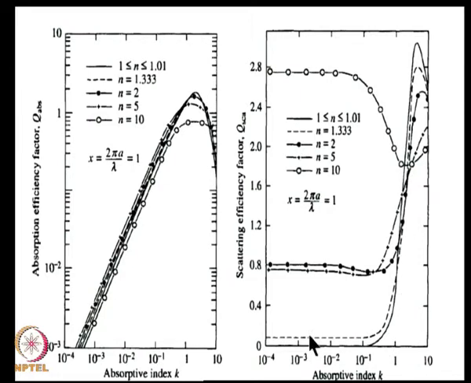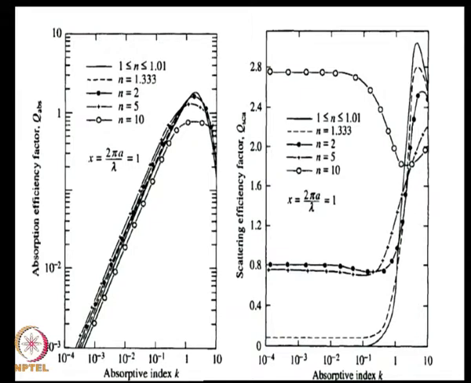But as the refractive index increases from 1 to 1.33 to 2 to 10, you see a large increase in scattering efficiency factor, showing that scattering is much more influenced by the real part of the refractive index, while the absorption quotient is more influenced by the imaginary part of the refractive index.